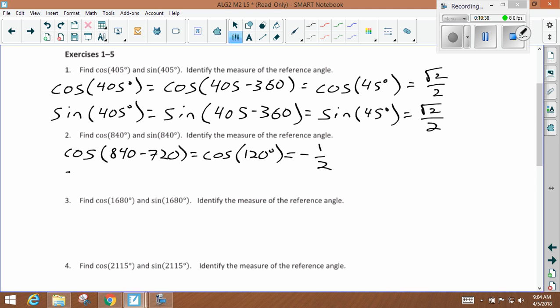All right, and then likewise, sine of 840 is the same thing as the sine of 840 minus 720, which is the same thing as sine of 120 degrees, which is what? Square root of 3 over 2.